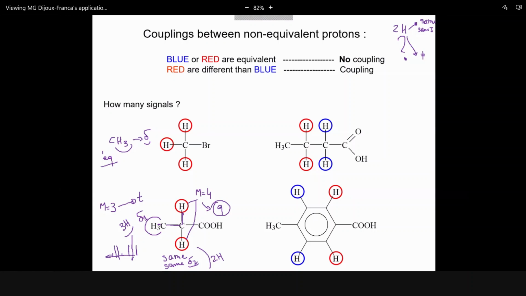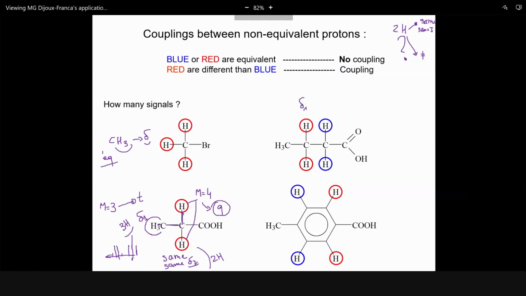For this other molecule, I have 2 CH2 in the molecule, but one is close to a carboxyl group, another one close to a methyl. So even if the 2 protons of one CH2 are equivalent, they will have one chemical shift here.